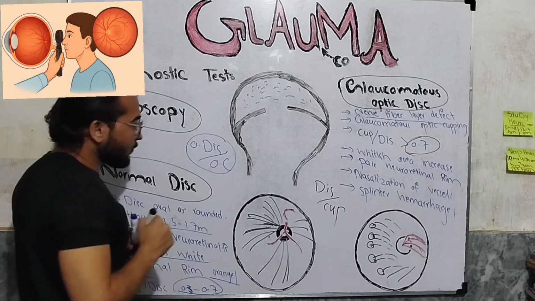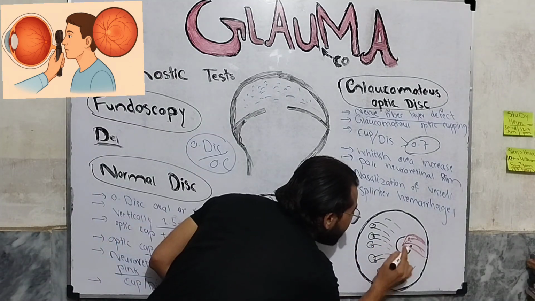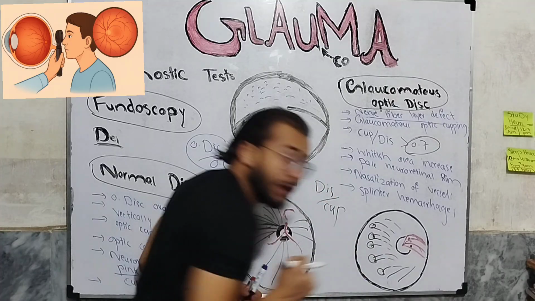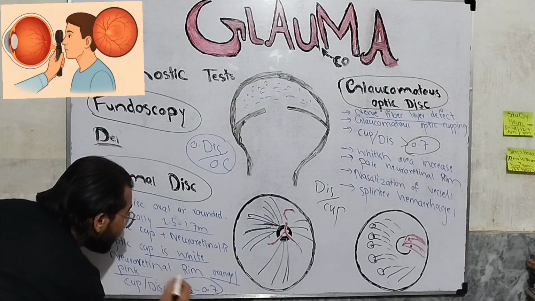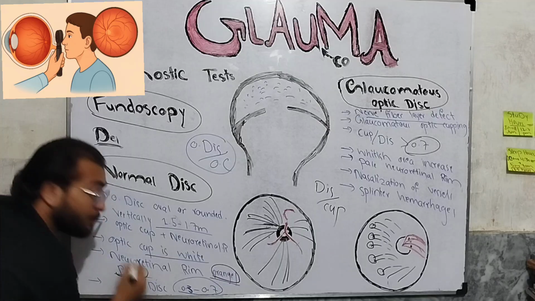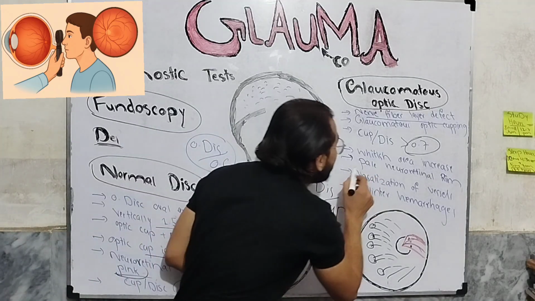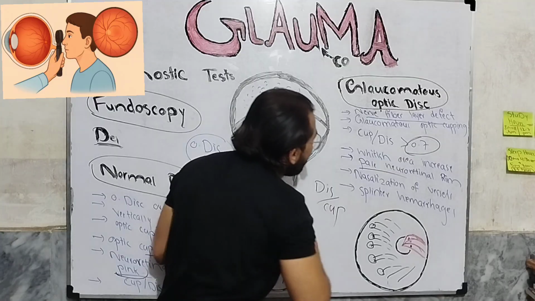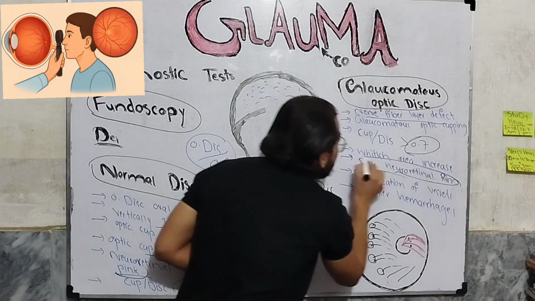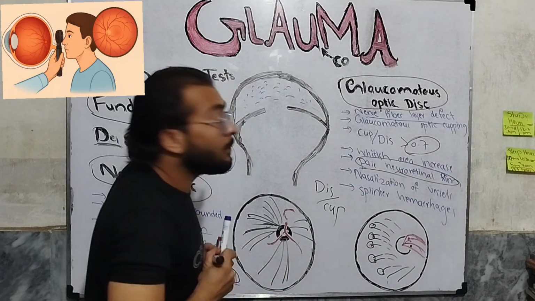Now, as the neuroretinal rim degenerates, its color changes from the normal orange or pink. Now it will look pale. The neuroretinal rim will become pale.